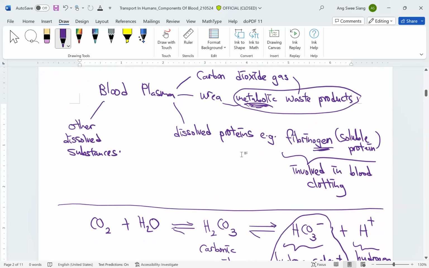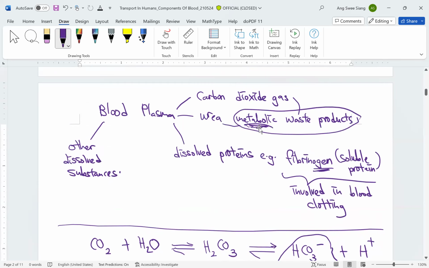Okay, now let's come back up again. Just now I missed out on one very important component that is transported in the blood plasma that is related to nutrition in humans. Just now I forgot to mention the digested nutrients.